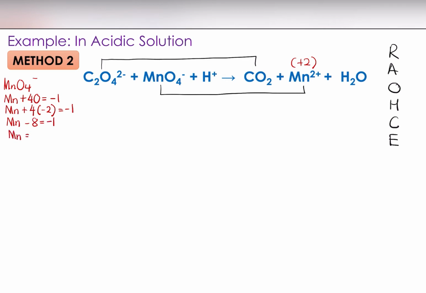And I got the oxidation state for manganese in MnO4 minus is positive 7. Don't forget to put the positive sign. So here, I will write it down as positive 7. And as you can see here, from positive 7 to positive 2, the oxidation number decreases. So it means that MnO4 minus undergoes reductions.